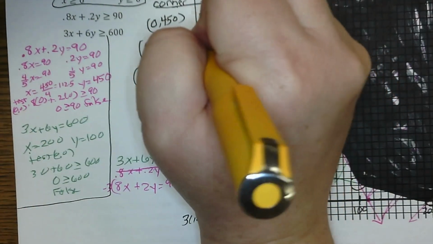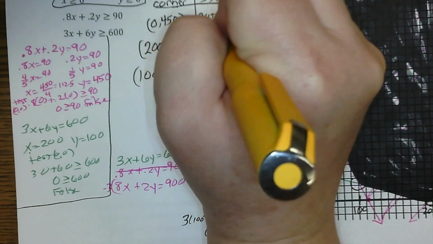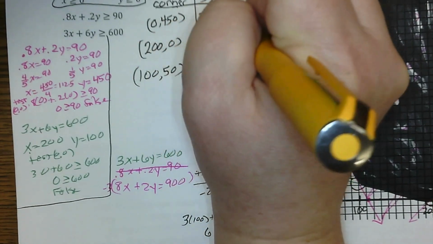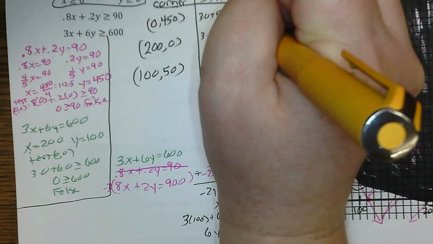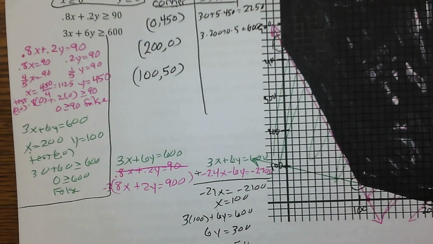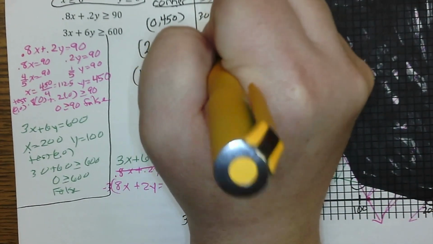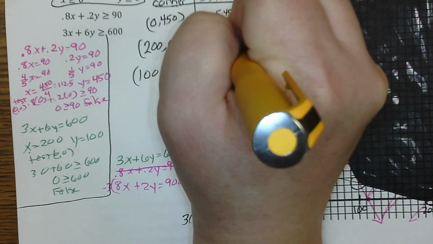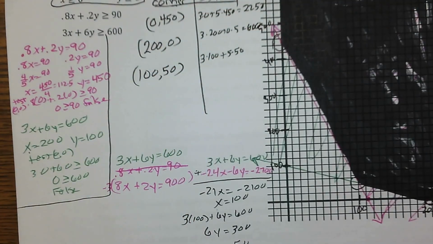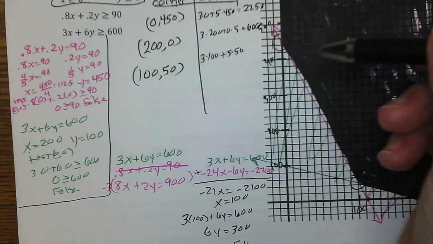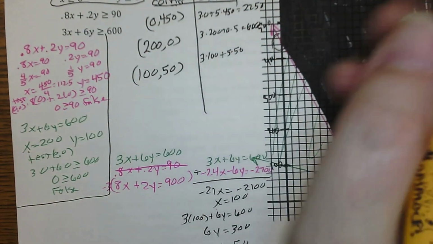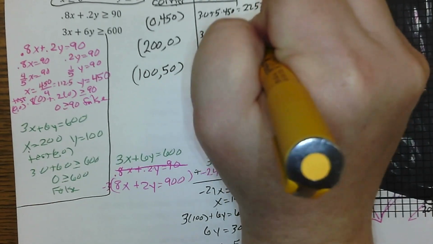Okay, so 3 times 200 plus 0 times 5, 600. And 3 times 100 plus 5 times 50. That is 300 plus 250. So that's 550.